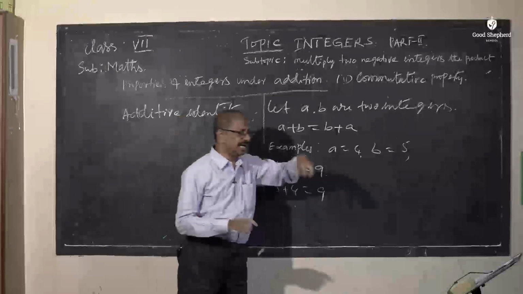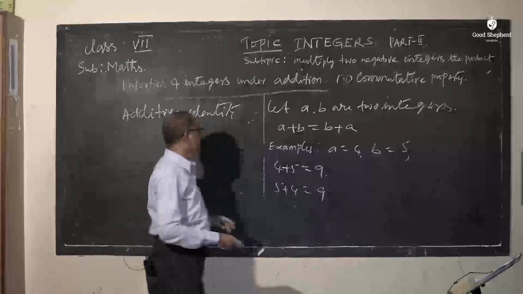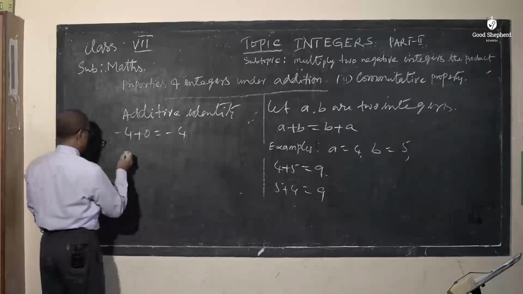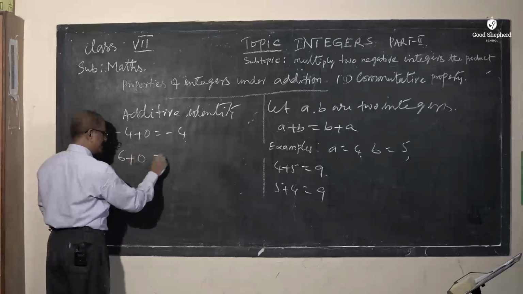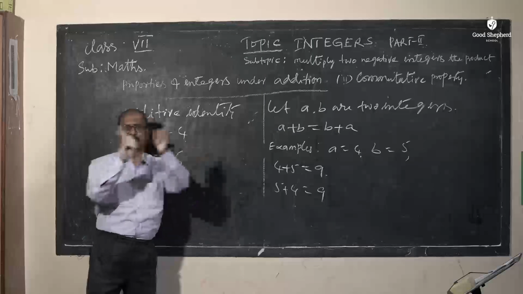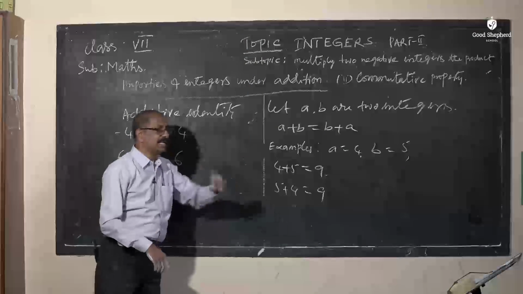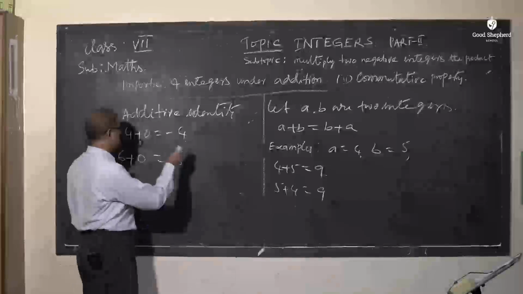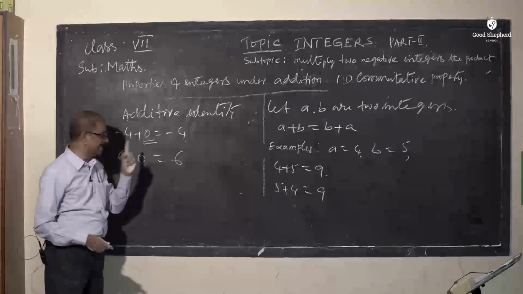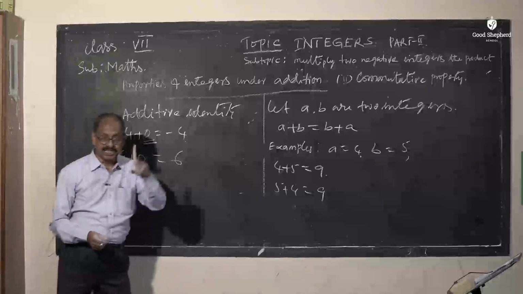That is known as the additive identity. Here, minus 4 plus 0 is equal to minus 4, and 6 plus 0 is equal to 6. So, the additive identity under addition is 0.